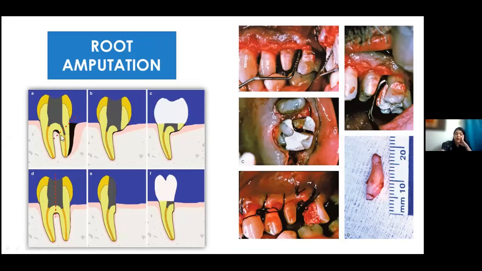We do the root canal of the tooth, and if the bone is present till the furcation, and we think that we can save the tooth by grafting this area, and it's an essential tooth, we do the root resection, we graft this area, we leave it to heal, bone forms, and we put a crown over it.